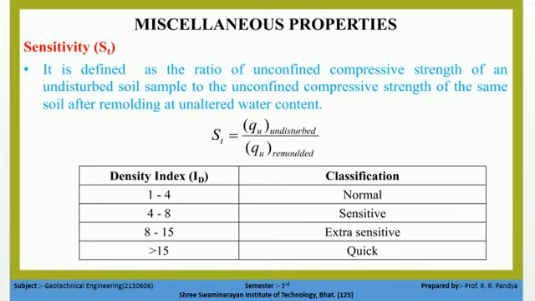If it lies between 4 to 8, then the soil is classified as sensitive. If it lies between 8 to 15, then the soil is classified as extra sensitive. And if it is greater than 15, then the soil is classified as quick.